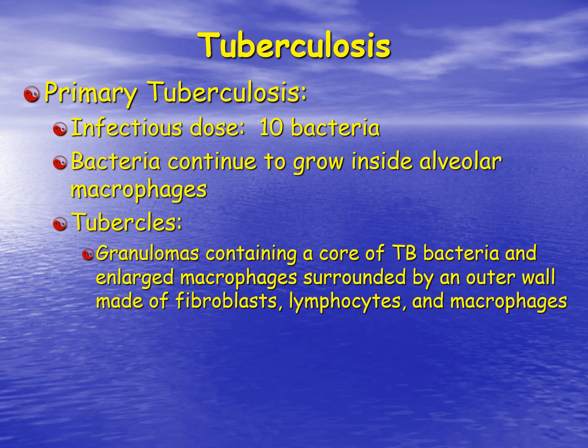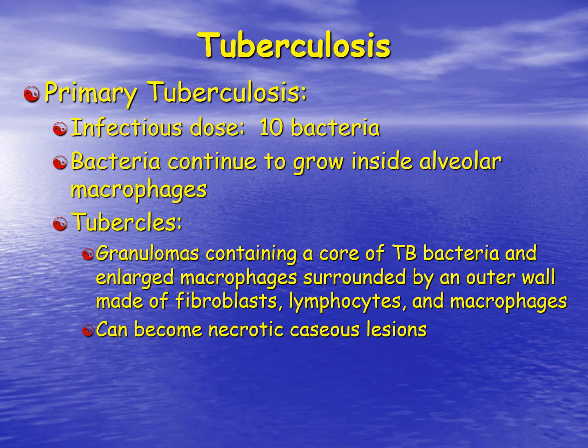These can then form tubercles, and these are granulomas, chronically walled-off inflamed areas that contain a core of the TB bacteria and enlarged macrophages surrounded by an outer wall of connective tissue made by fibroblasts. Inside these granulomas will be numerous lymphocytes and macrophages.